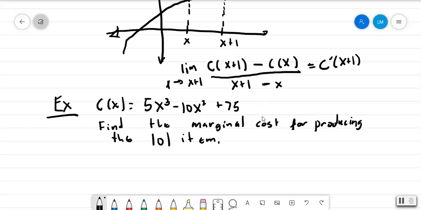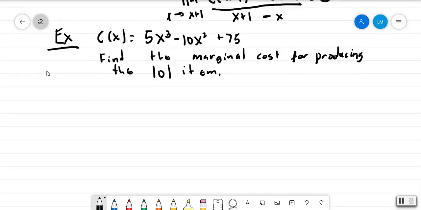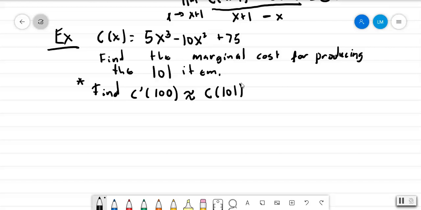We can also say 101 items. What this means is that you just want to find C prime of 100, because apparently that equals C of 101. So this approximately is equal to C of 101.